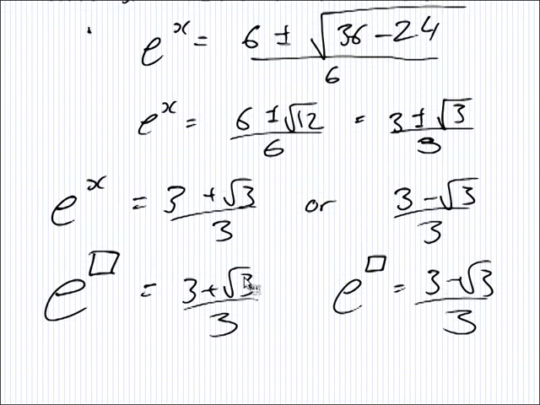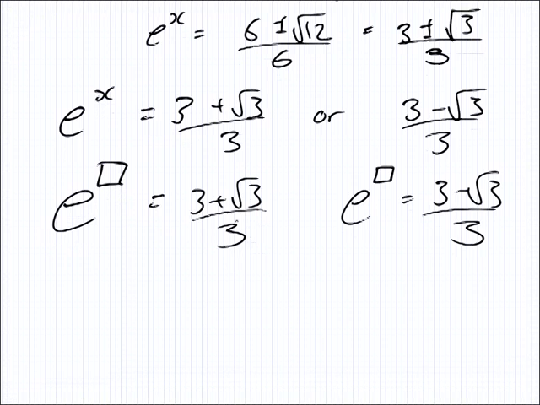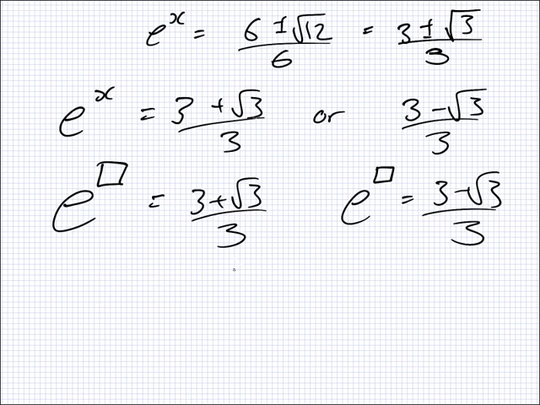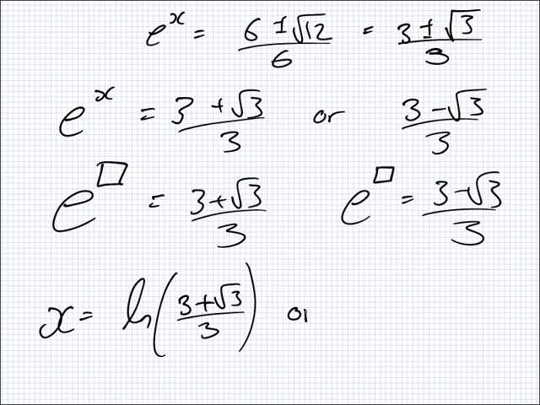I'm sorry. It's okay now, yes? Okay. So how do we store log base e on the calculator? ln, isn't it? So here the answer is ln of 3 plus root 3 over 3, or it's equal to ln of 3 minus root 3 over 3.